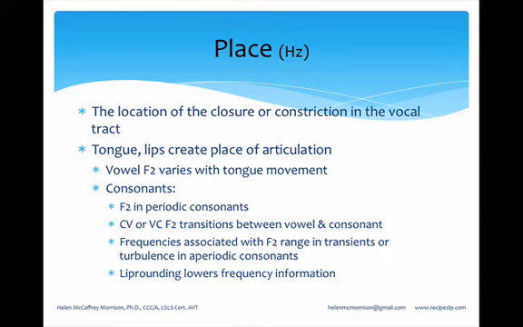And we call those movements, as the vowel moves in and out of consonants, formant transitions, either from the consonant into the vowel or from a vowel into the consonant, so C to V or V to C. Those F2 transitions can give us some information about place of consonant production.